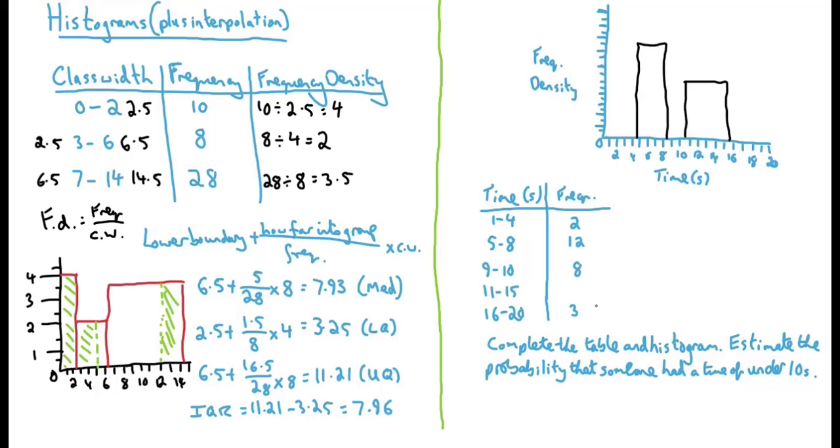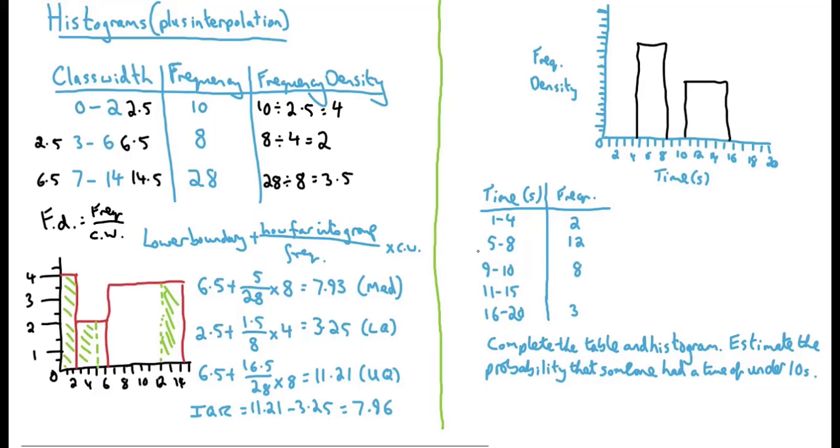Okay, well first of all, we're going to need to scale this frequency density. The only group that we have all the information for is this second one here, because we have the class width, we have the frequency, and we have the bar that relates to it.